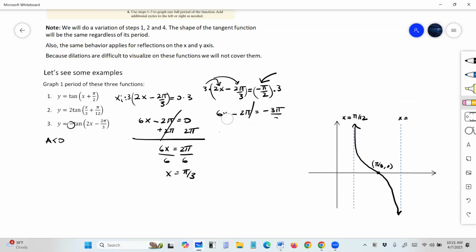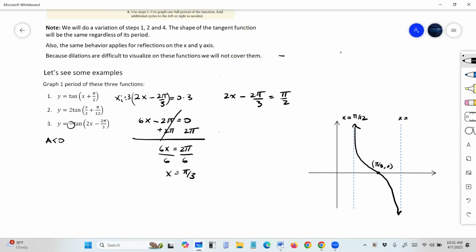The right asymptote, you're going to get the information inside the parentheses. So we're on the third example. We're going to get 2x minus 2 pi over 3 equals pi over 2.